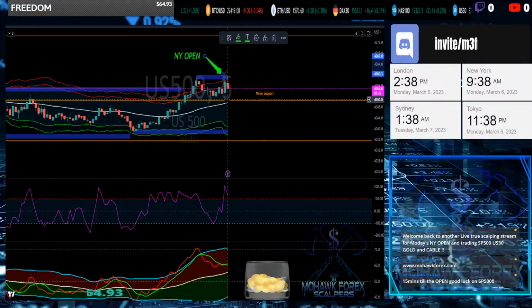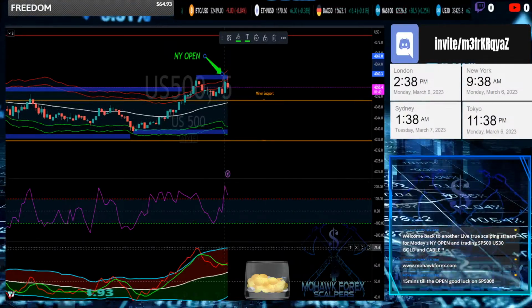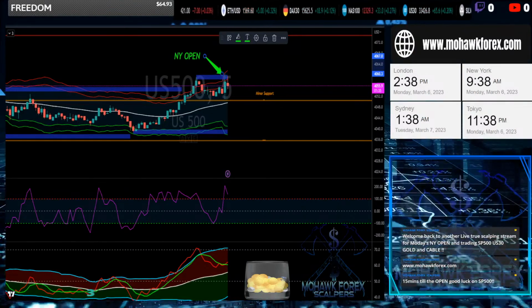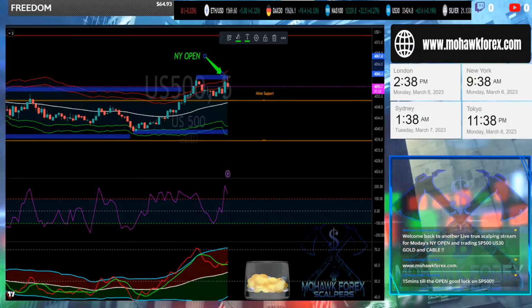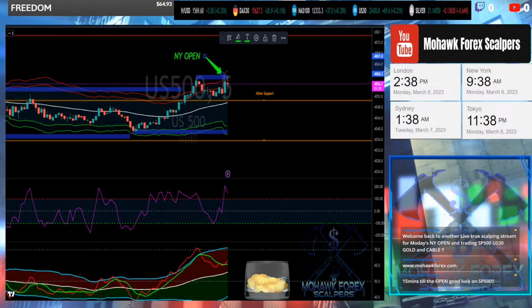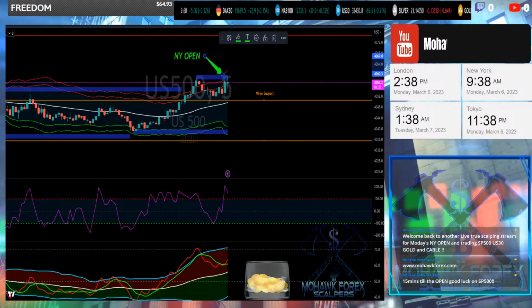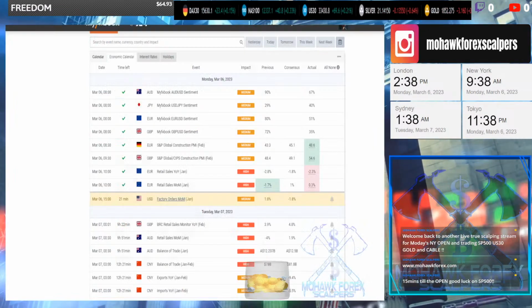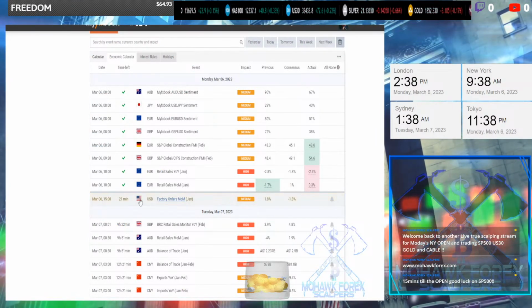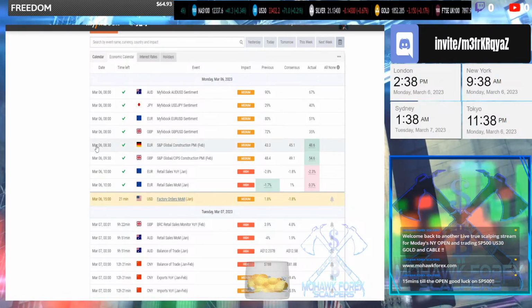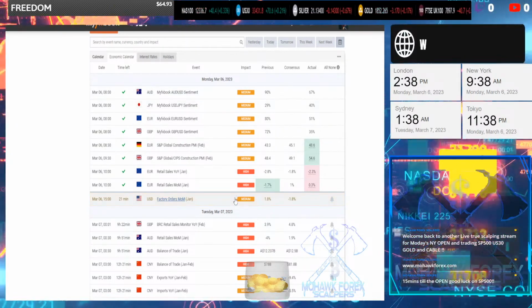Is it going to come down and retest our minor support? We're looking good for a cross down on the CCI, so I might put a couple more sells in on this. I'll just wait and see. We've got the news coming up in 20 minutes, and that'll be the end of our scalping. You don't have to go crazy.